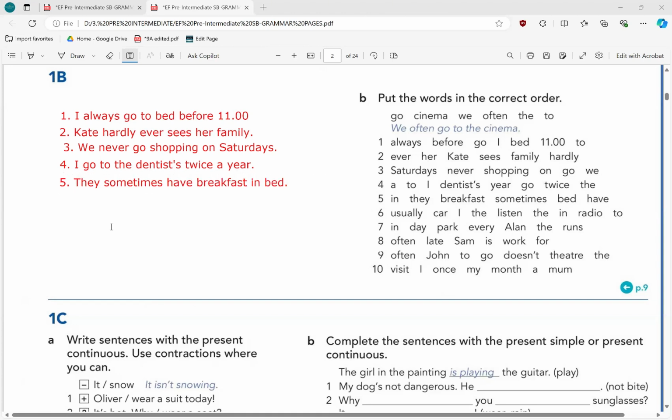Good. Now, number 6, usually, car, I, the, listen, the, radio, in. There's a verb here, listen. So listen, it will be to the radio, listen to the radio. So I listen to the radio, but we got usually. So usually we put before the verb. So I usually listen to the radio in the car, like in my car.